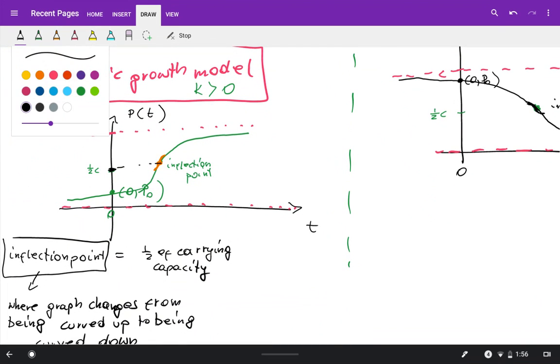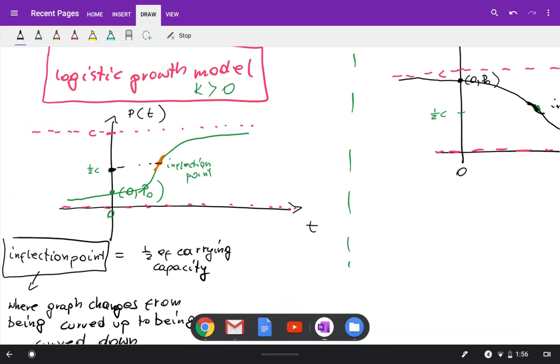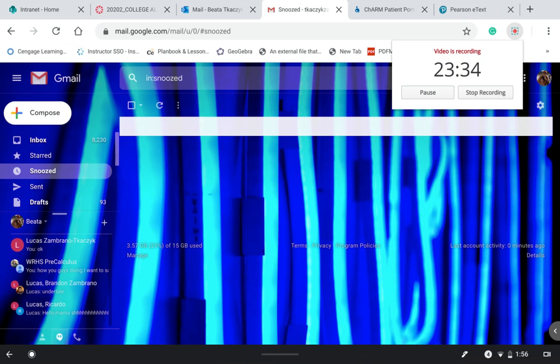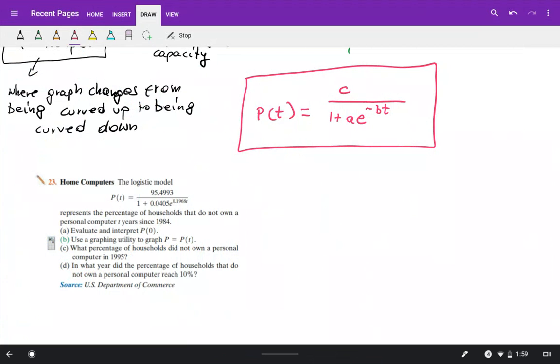Let's solve the problem. I'm going to pause and copy the problem for you. So hold on a few seconds. Okay, so I'm going back. I copied and pasted number 23, and this is from page 487 in your textbook. We'll solve one problem, and just to practice the logistic model, I'm going to add a couple more problems so we can understand how that model works.